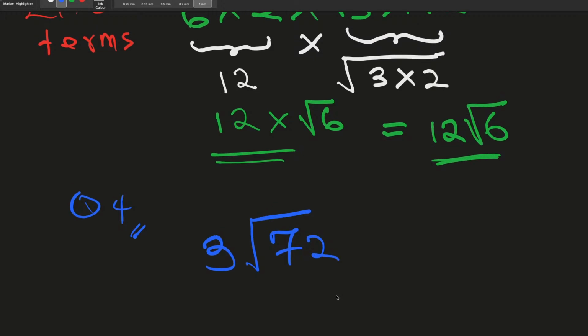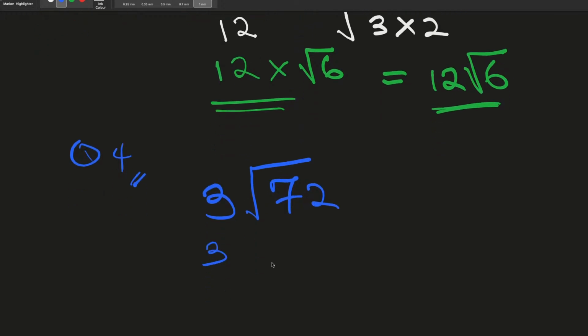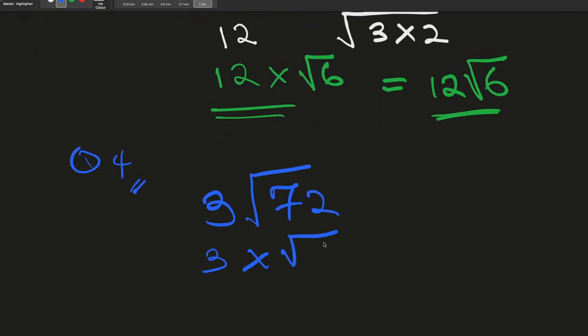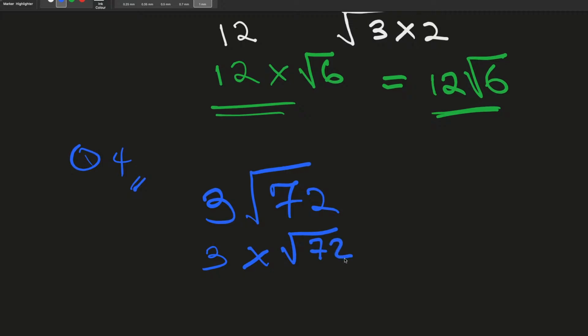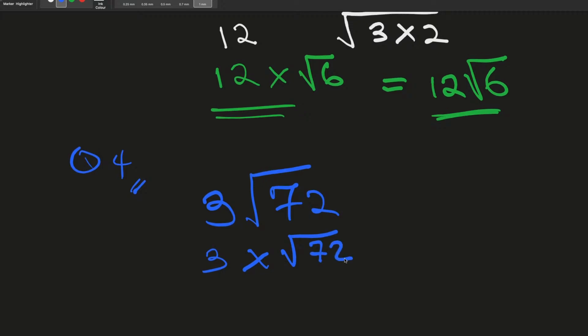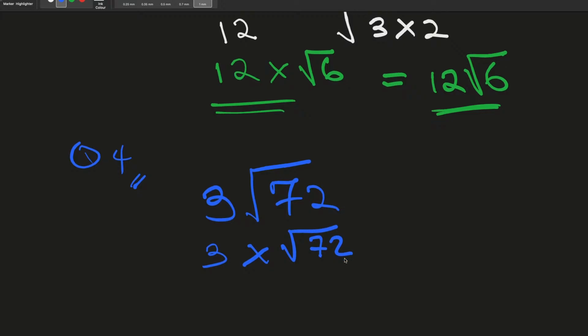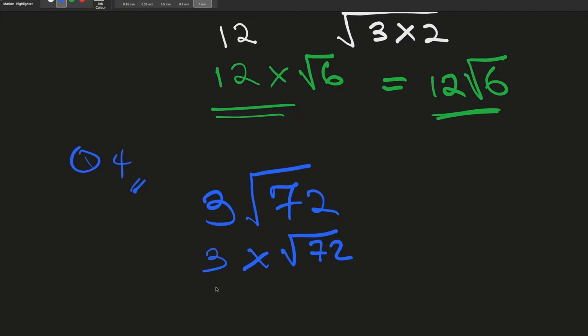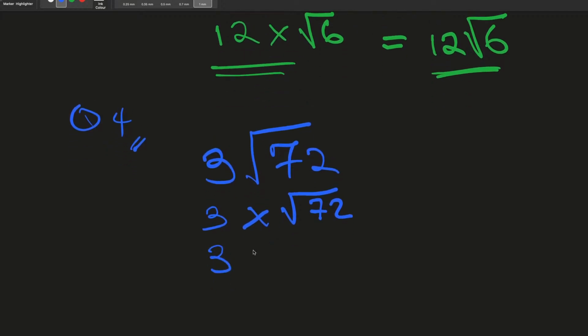What this one means is 3 multiplying the square root of 72. And which number can go into 72 straight? 2 can go in. Then that will be 36. So this can be written as 3 times the square root of 36 times 2.